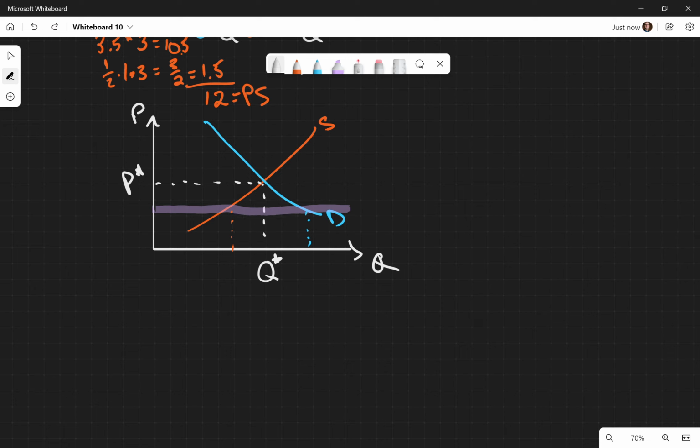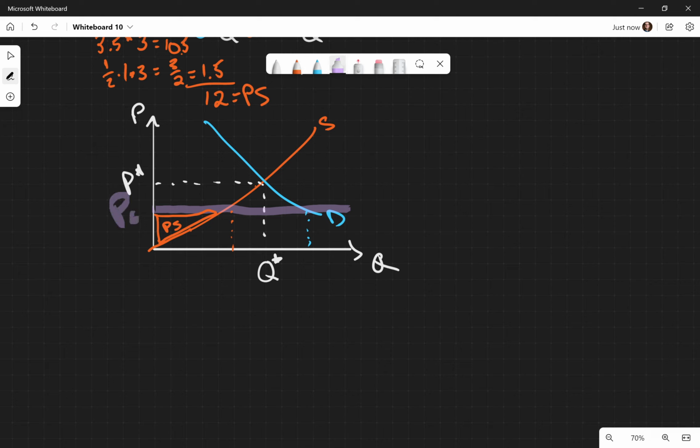All right, so a price ceiling, what is this going to do to our producer and consumer surplus, right? Well, it's pretty easy for us to figure out what happens to our producer surplus. We once had a producer surplus that was this big, and now we have a producer surplus that is this big, right? So it's easy to see visually that the producer surplus is negatively impacted because of the price ceiling.